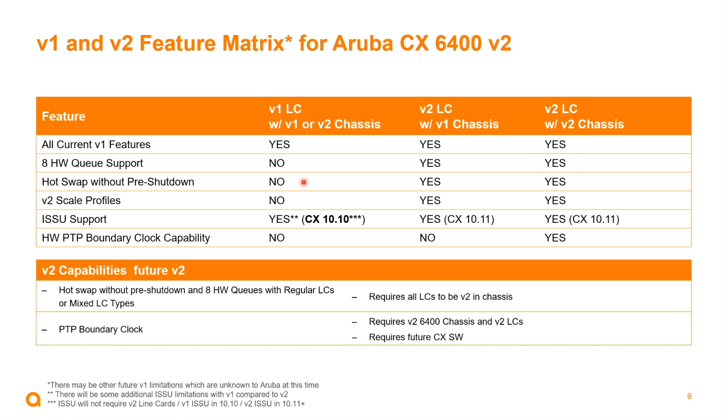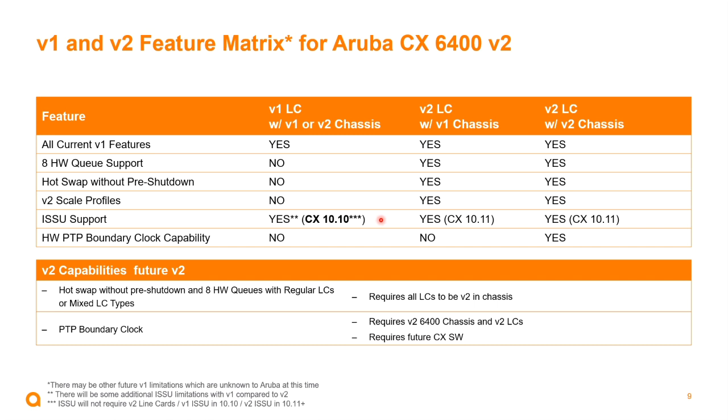You also have a hot swap option, but again it's only supported with version 2 line cards, but it can be in a version 1 chassis, as you can see. And obviously the scale profiles that we mentioned earlier are only applicable with the version 2 line cards, and depending on how you've got that configured.